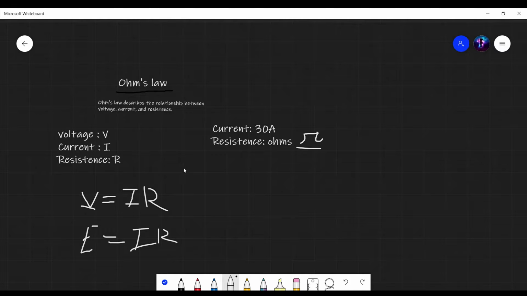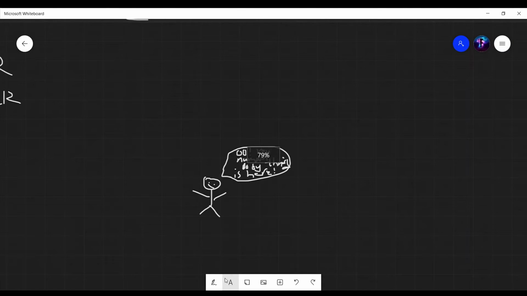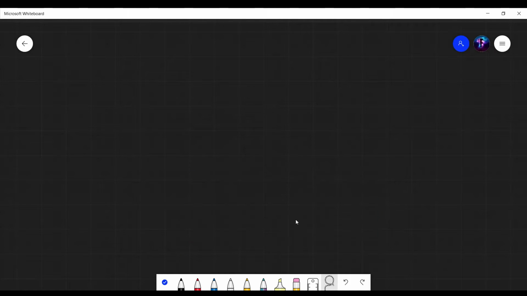So I'm going to start off with a circuit, so don't mind that. We're going to find the V, the voltage. So if I have the V, which is the battery, that's the battery.